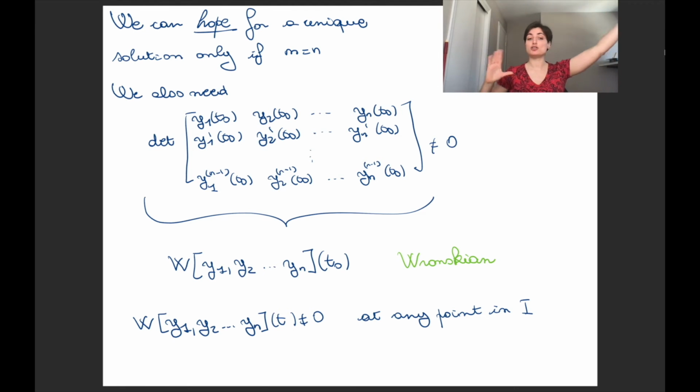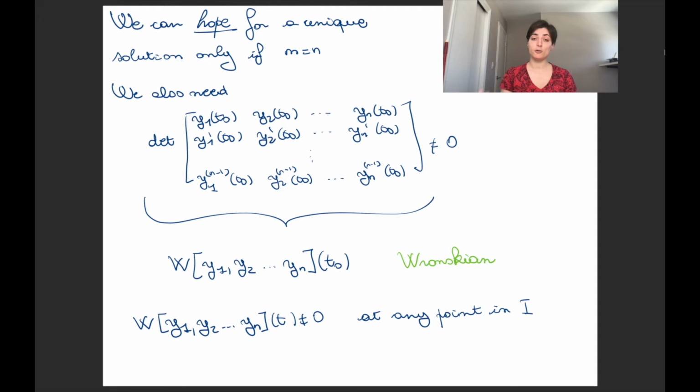Now we have a much bigger determinant. But it's in the same format as before, in the sense that the first line of the matrix is y1, y2 down to yn, the second is the first derivative, and then you go to the n minus first derivative.